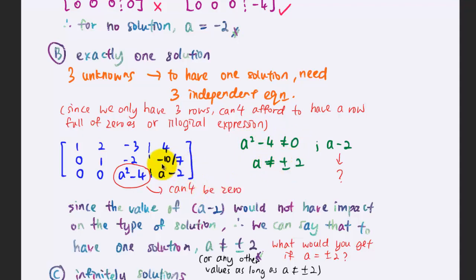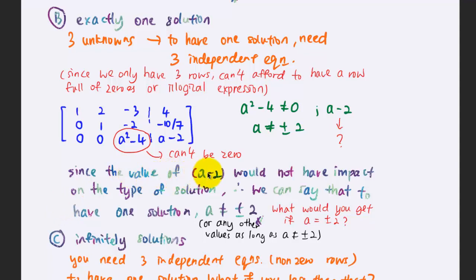On the other hand, consider the condition for A minus 2 here. The value of A minus 2 on the right hand side would not have any impact on the type of solutions, because it doesn't matter what the value of A is. Even if A is 2, you get a 0 here, which corresponds to the value of the unknown X3 being 0. We still have a solution here.